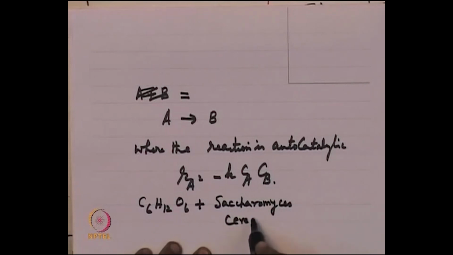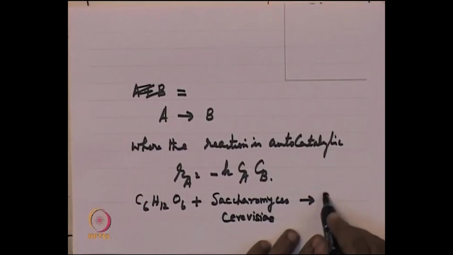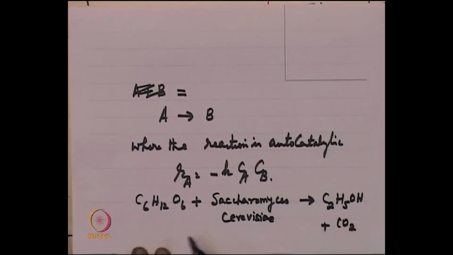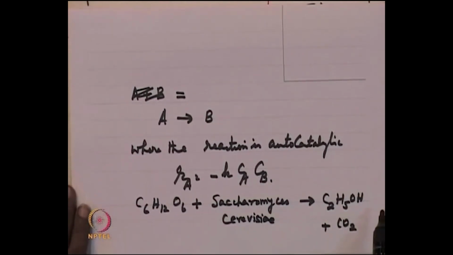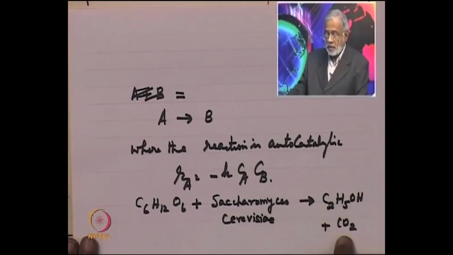This is a fungus which feeds on glucose under certain conditions of pH, temperature and oxygen tension, and gives you alcohol, C2H5OH, and carbon dioxide, CO2. You can balance this anyway, it is not so critical right now. So, you have glucose giving you alcohol and carbon dioxide.